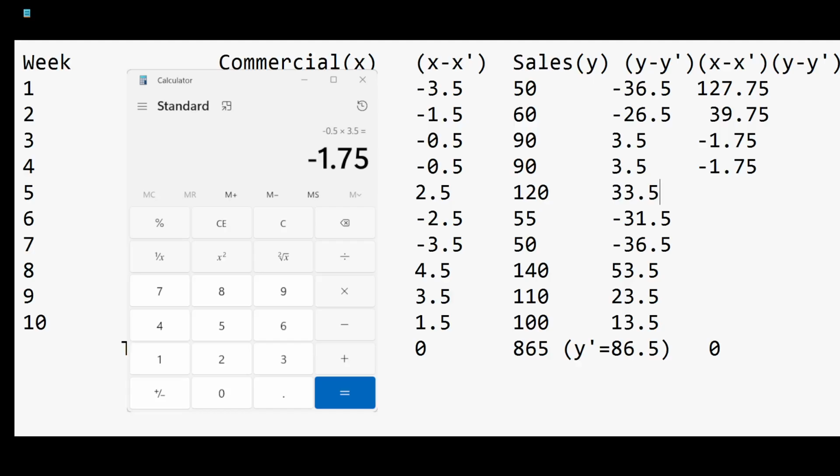Then we have 2.5 times 33.5, 83.75. Next is negative 2.5 times 31.5, 78.75.